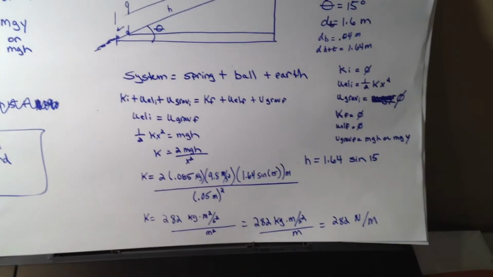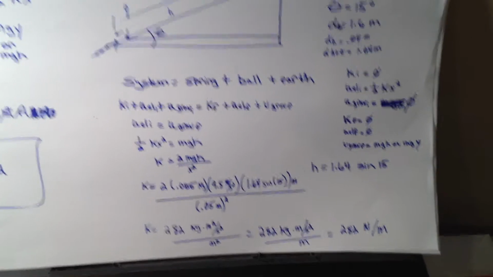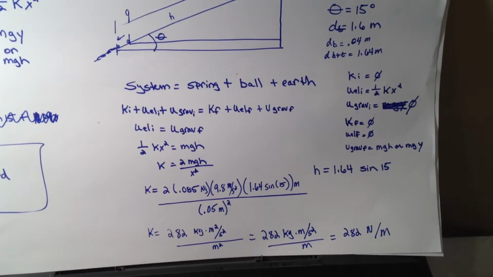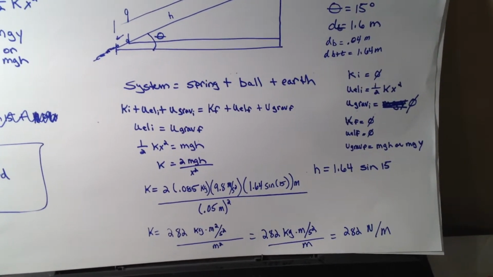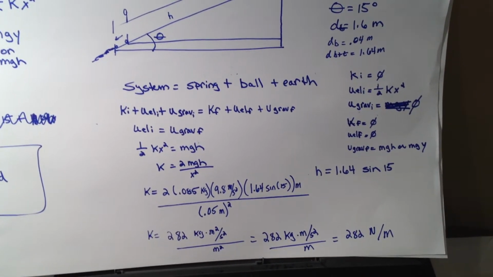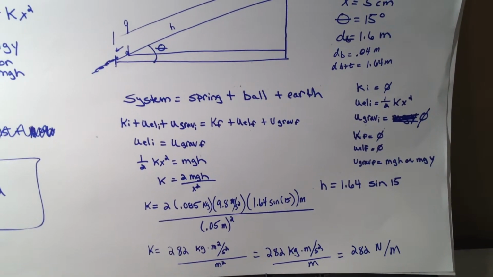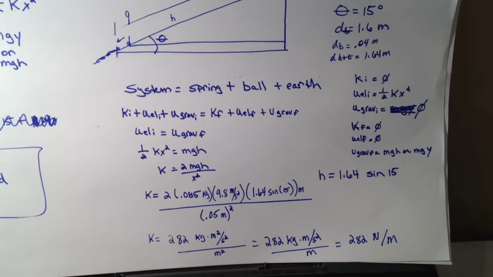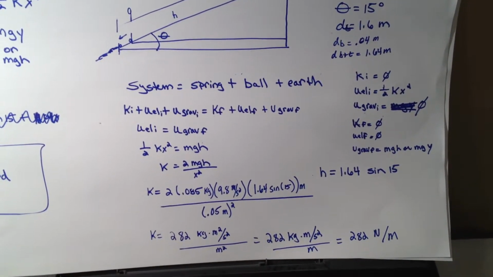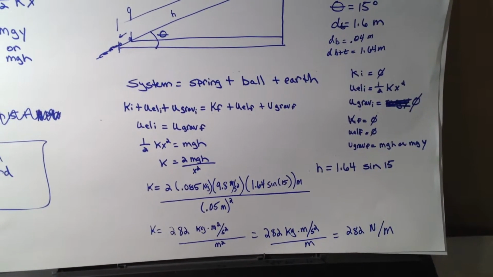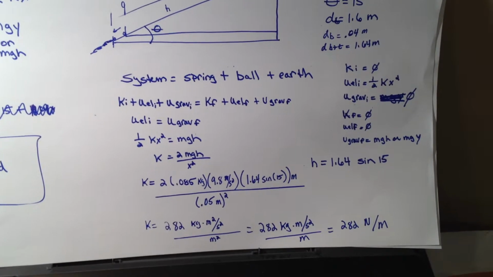Okay, so now I'm going to set up my equation and find out what I can use and what I can't, what I need and what I don't. I set it up: K initial plus U elastic plus U gravity initial is equal to K final plus U elastic final plus U gravitational final.